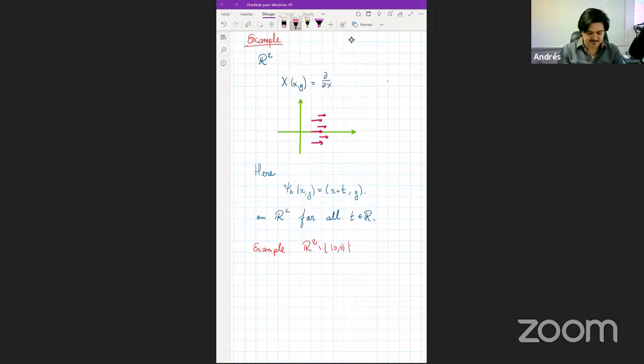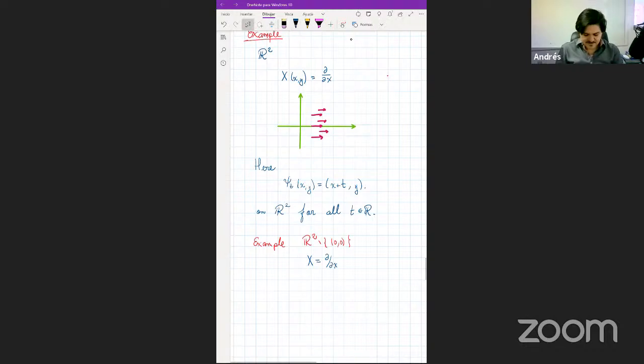I have the same vector field. And for instance, if P is the point (0, 1), we know what the integral curve looks like. So remind me, what is the integral curve of this?